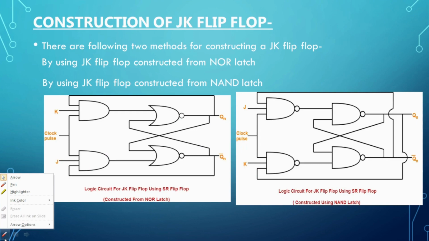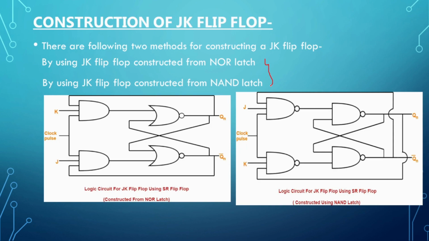Construct the jk flip-flop by using a NOR latch and a NAND latch. It is similar to the SR flip-flop. In the SR flip-flop also, we construct this flip-flop by using these two latches. So this is the JK flip-flop using a NOR latch and this diagram is the JK flip-flop using a NAND latch. Here you give two inputs, J and K, and you get two outputs: one is the present state output, that is Qn, and the next state output, that is Qn dash.